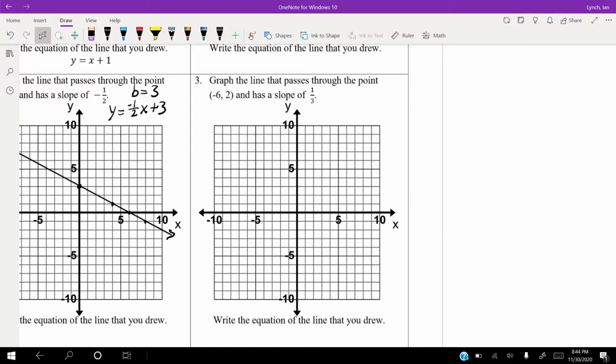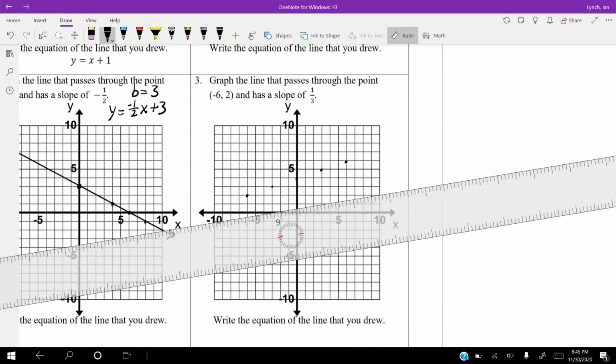So if I go to -6, 2, I'm going to go all the way over here to -6, I'm going to go up 2. And it's a slope of +1/3. If it's +1/3, that means I'm going to go up 1 and over 3. Up 1 and over 3, and so on.